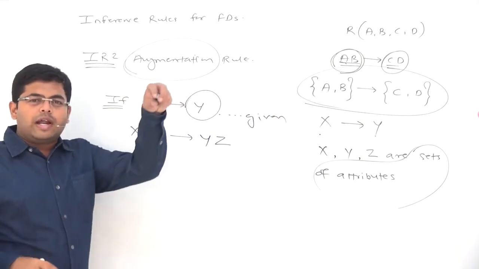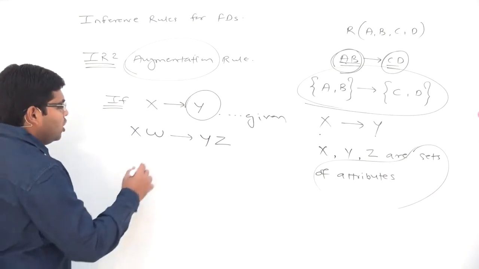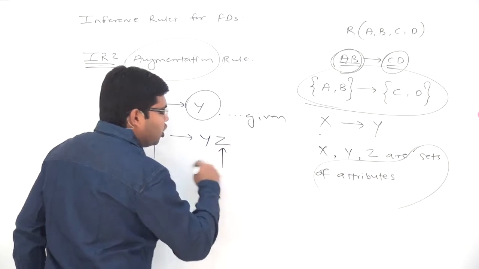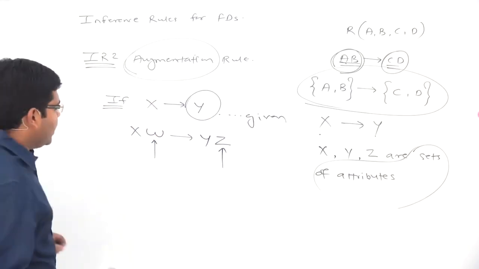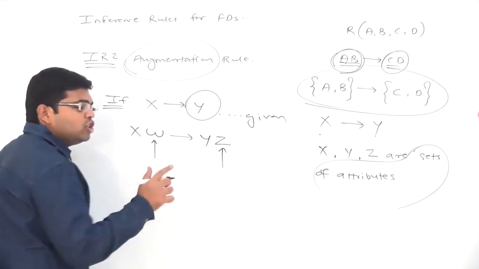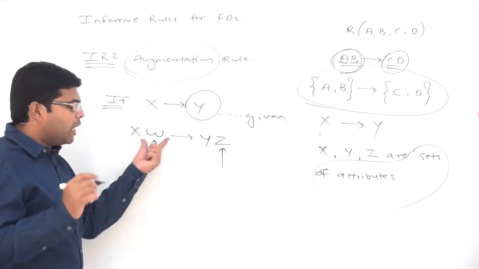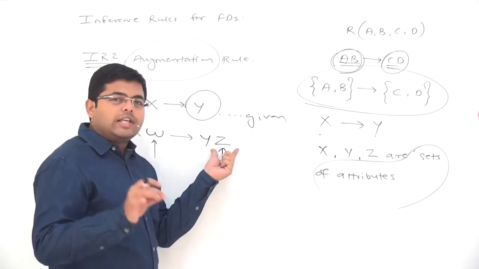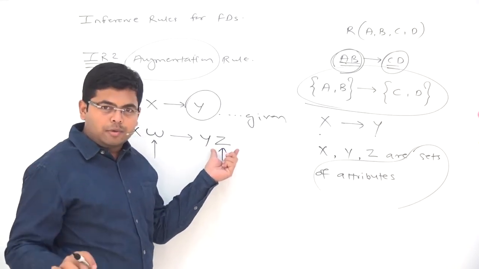Augmentation means simply we are adding a set of attributes. So here we added w on the left hand side, here we added z on the right hand side. Now again remember very well that w is not a single attribute, w can be a set of attributes. Similarly, z can also be a set of attributes.